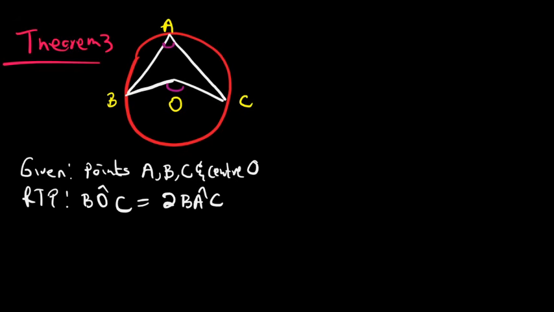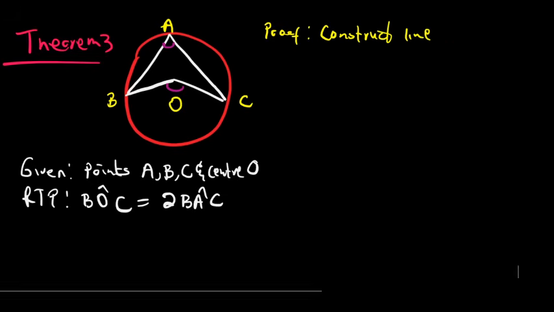So the first thing you're going to do when you prove is this. So your proof, you are going to construct line AO, right? So you're just going to construct a line that goes something like this and probably ends here, which will create your A1 and A2 and your O1 and O2 like this.